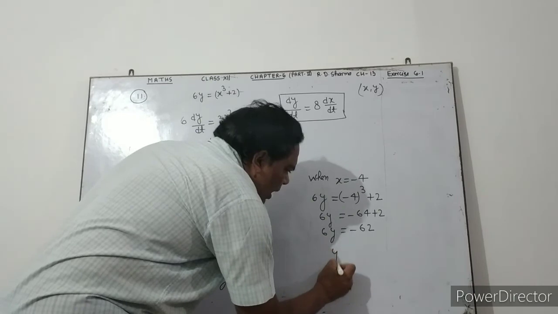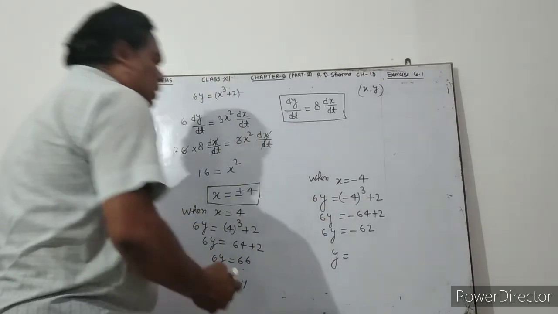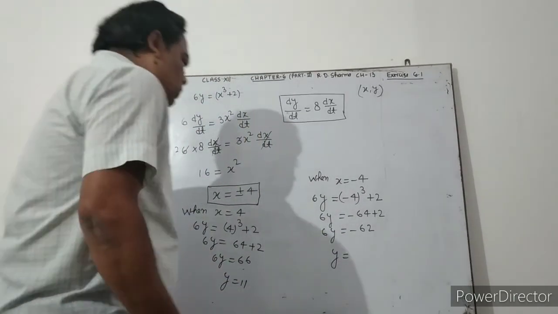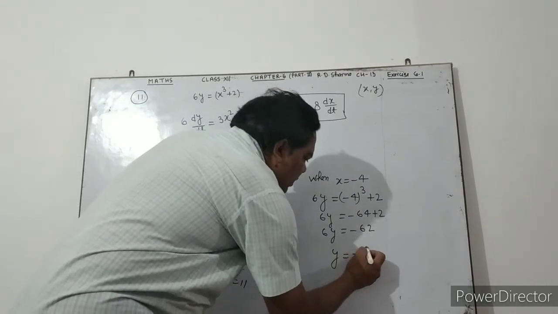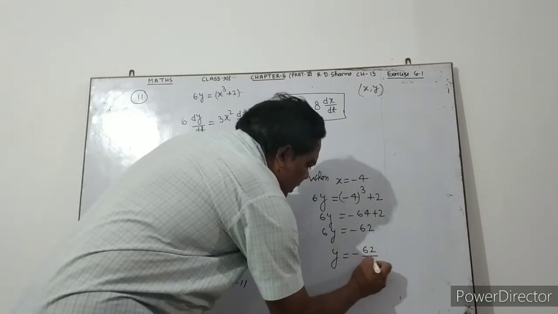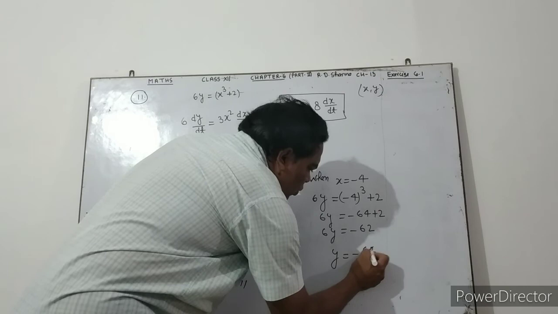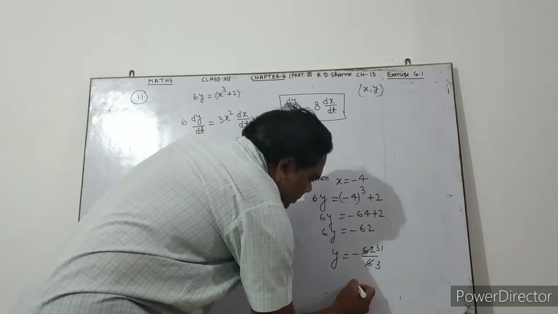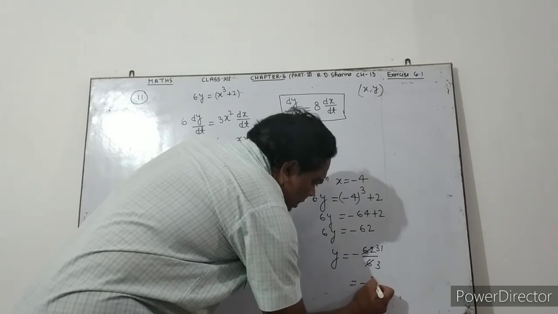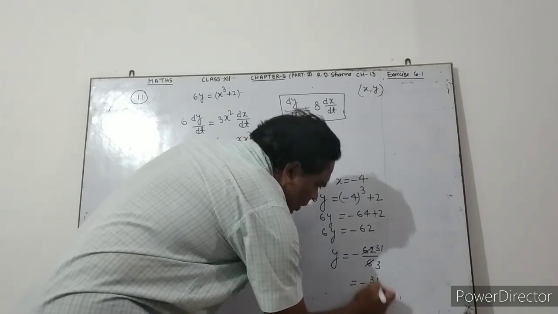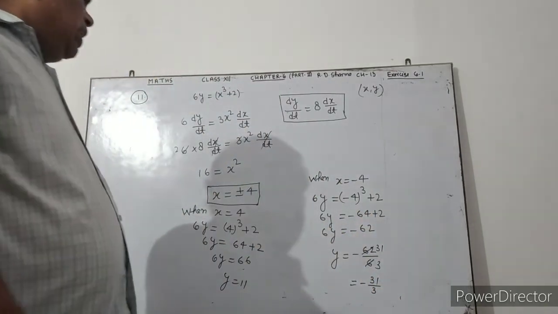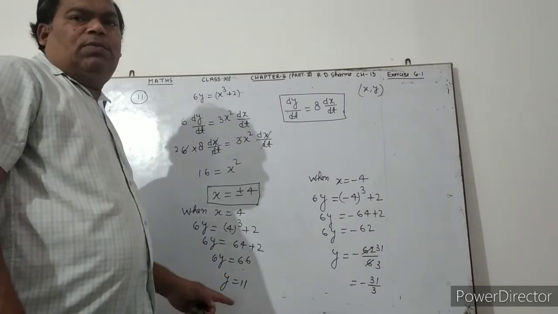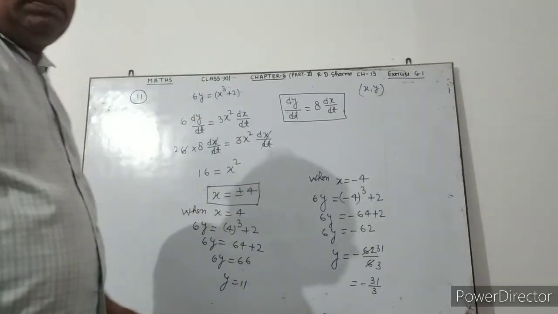Then y equals minus 62 upon 6, which is minus 31 upon 3.